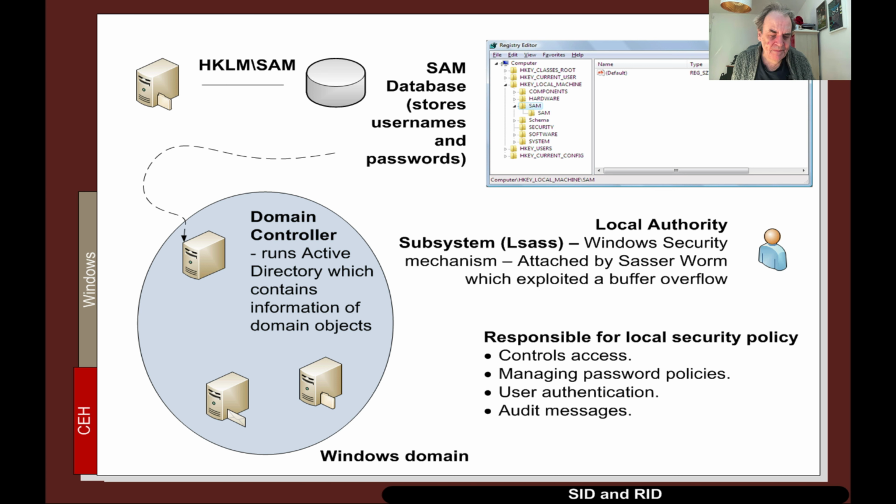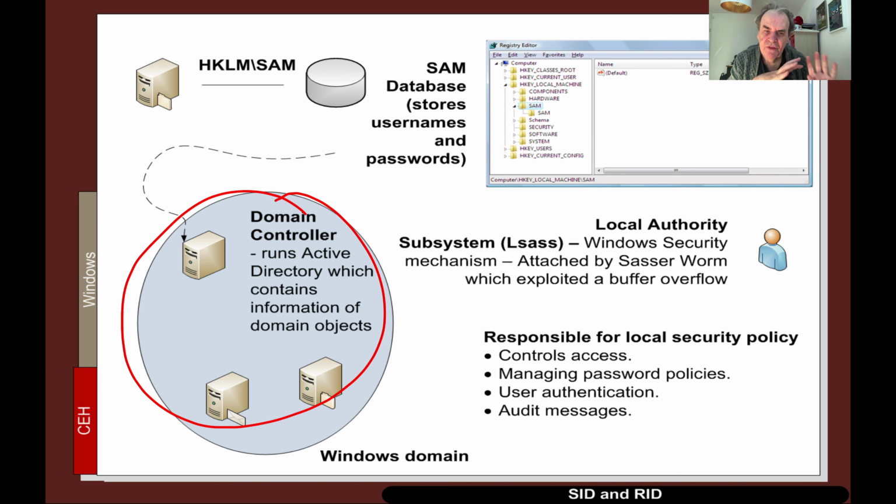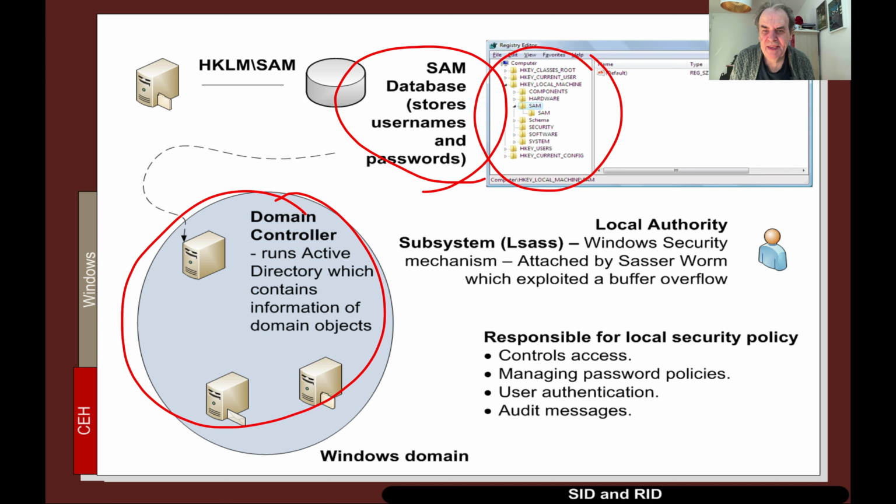In a Windows domain, then the Windows domain controller controls all the computers in the domain. But on a standalone machine, the passwords are stored inside the SAM hive. This is a file on the system, and it's obviously protected when it's running. This is the example of the SAM here.